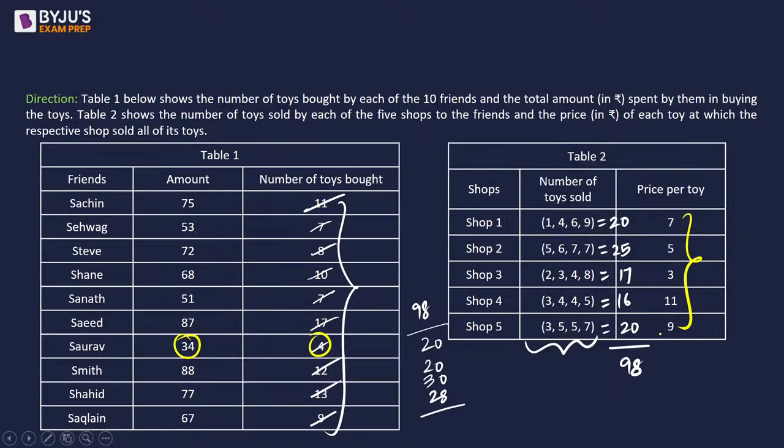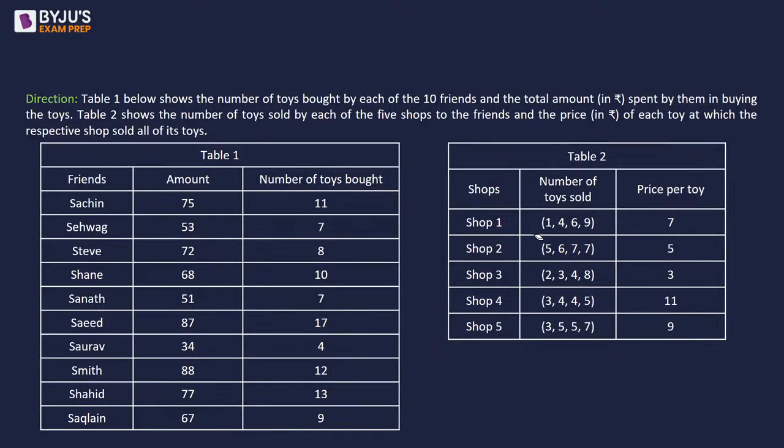Maybe a number is used at least once, maybe a number is used twice or more than that. For example, if Saurav bought 2 toys, he will be spending 2 into 3, 6 rupees, right?